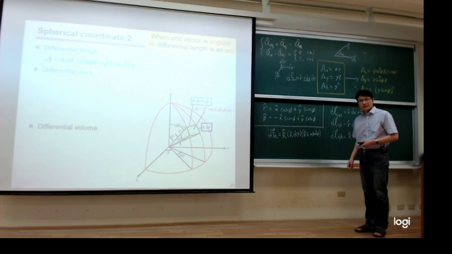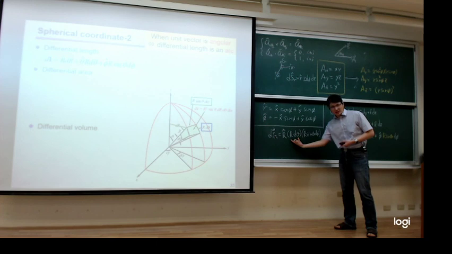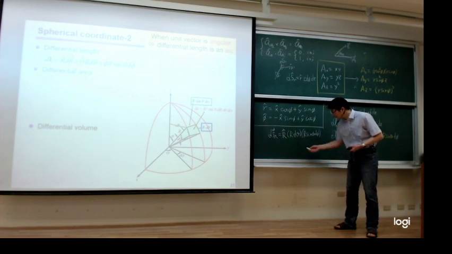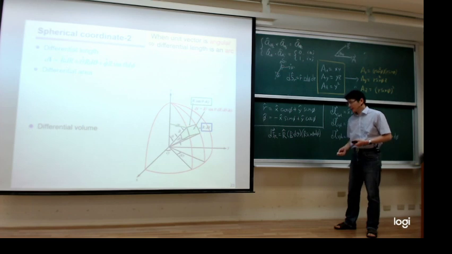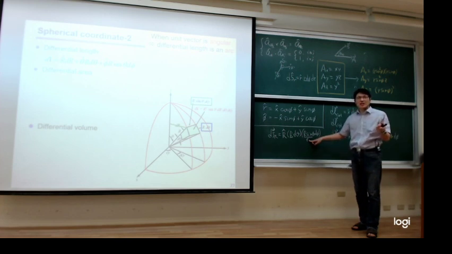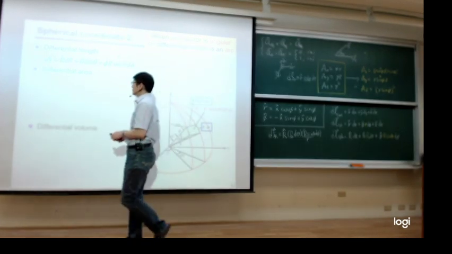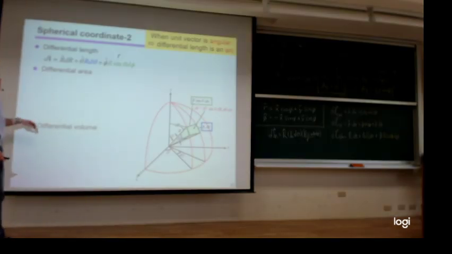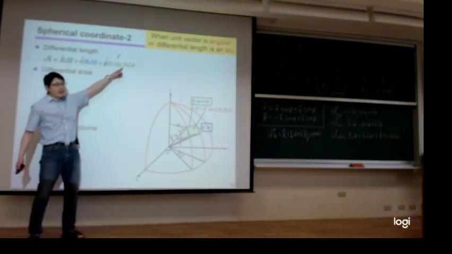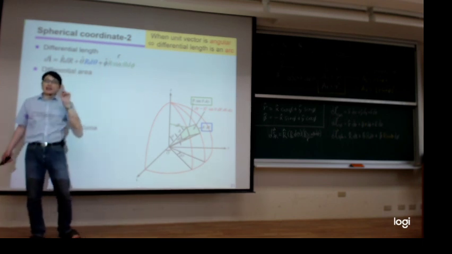Right? The other two differential lengths are both arcs, so you have to properly write down their corresponding radius, and this is the radius that you used in cylindrical coordinates, r sine theta. Okay, so let's come back. This r sine theta is the non-capitalized r in cylindrical coordinates.